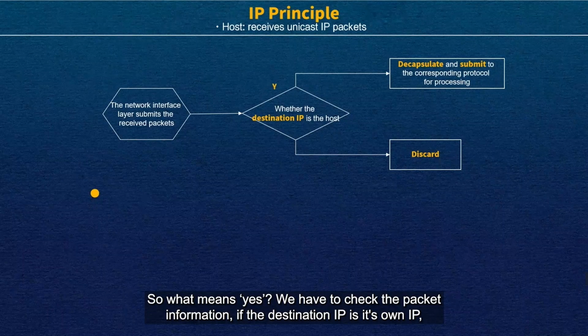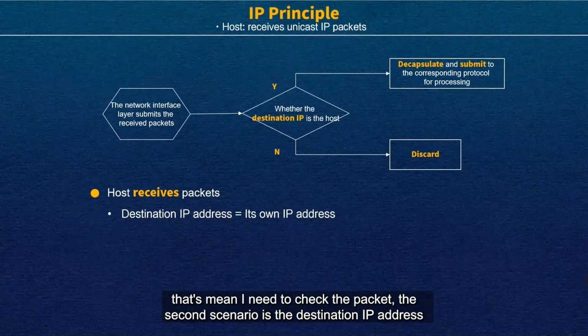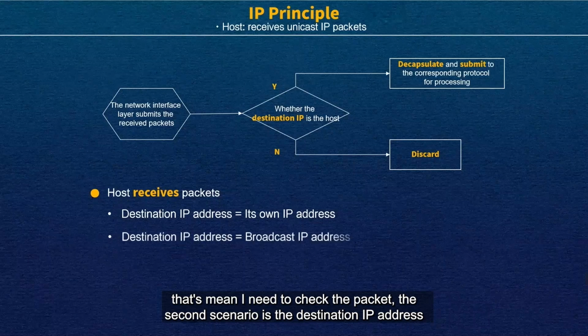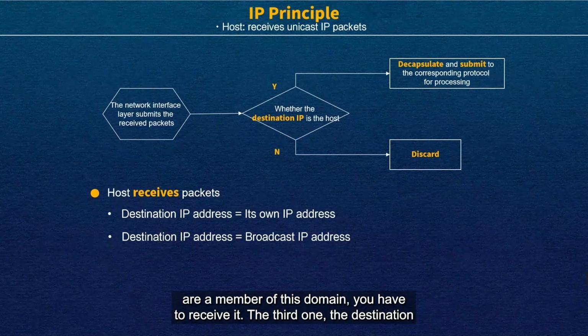So, what does yes mean? We have to check the packet information. If the destination IP is its own IP, that means I need to process the packet. The second scenario, if the destination IP address is a broadcast IP address. Broadcast means if you are in the broadcast domain, you are also a member of the domain.